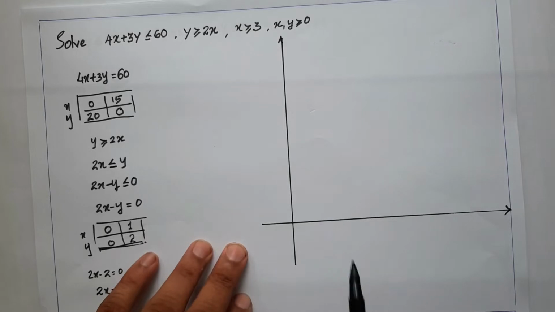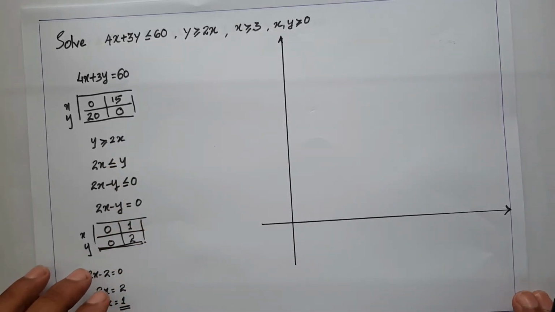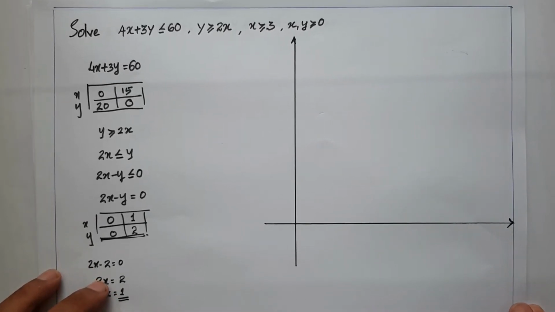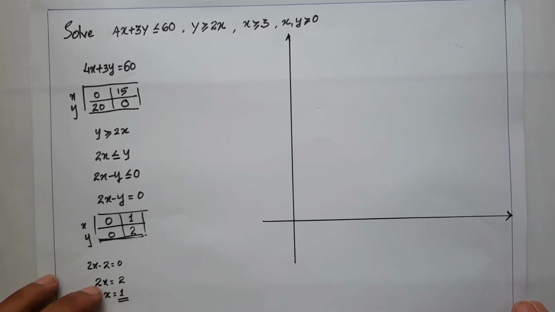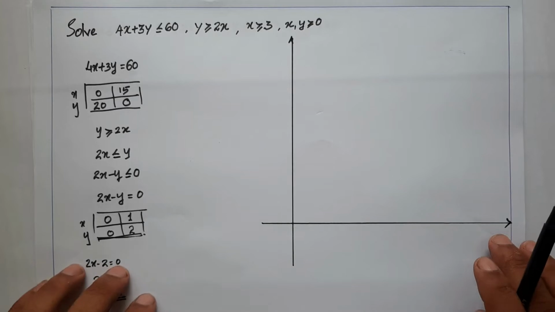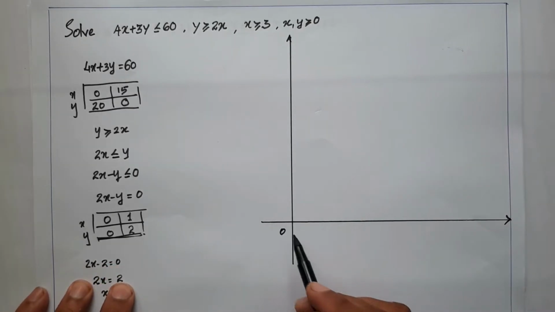Now plot the points. Here the maximum value is 20 and the minimum value is 0. Here you take points 0, 20.